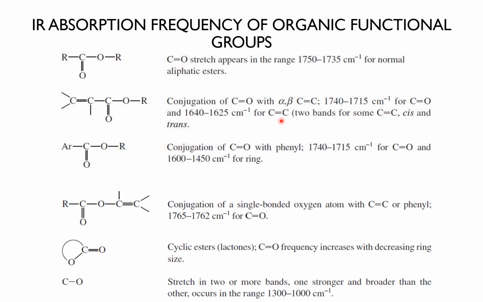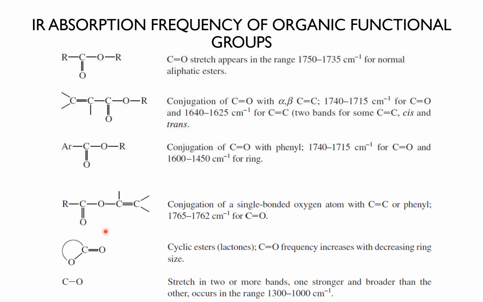Apart from that, we get carbon-carbon double bond frequency between 1640 to 1625 centimeter inverse. If the ester group is present on an aromatic ring, then there is conjugation of this carbonyl group with the aromatic ring, like a phenyl ring. So the value will decrease to 1740 to 1715 centimeter inverse.